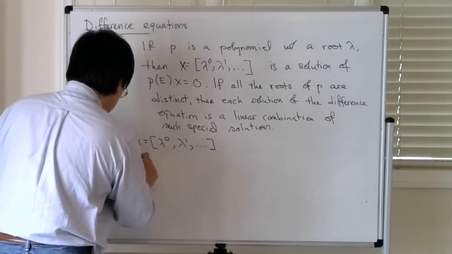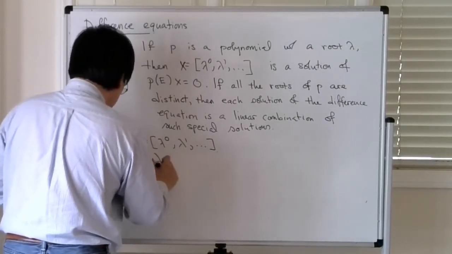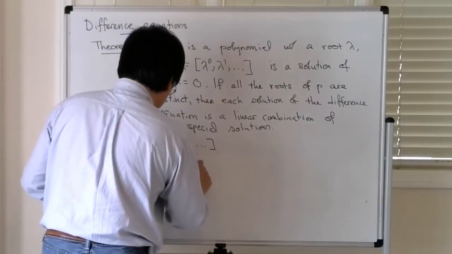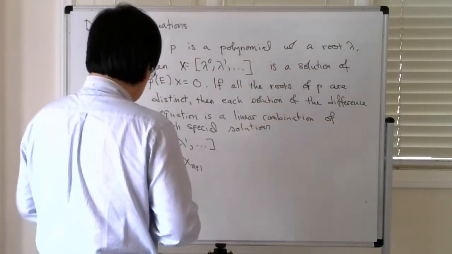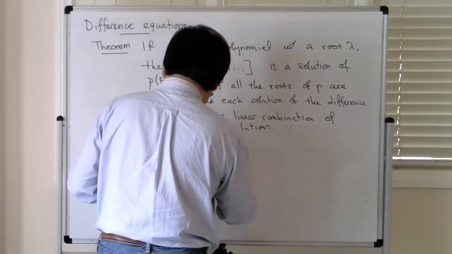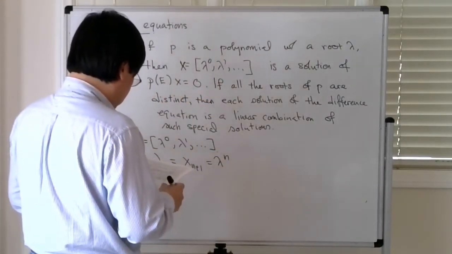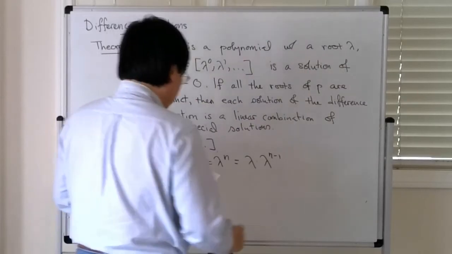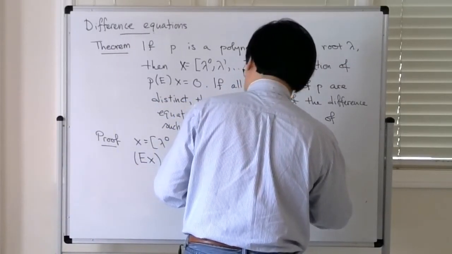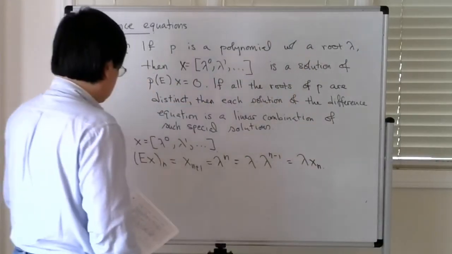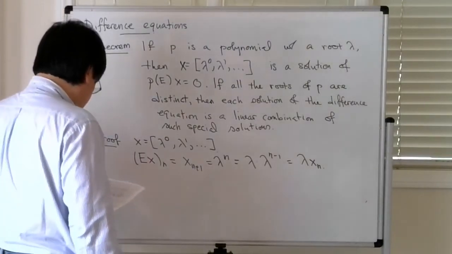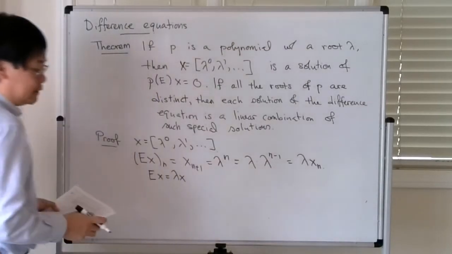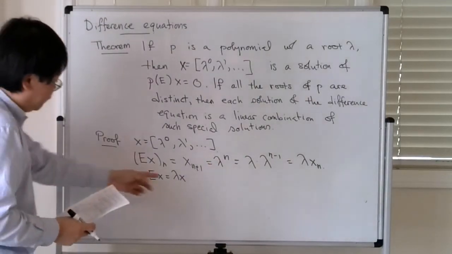If you take the shift operator E on x, the nth component of this is of course x_{n+1}, and in this case that's lambda to the nth power, which is nothing more than lambda times lambda to the n minus first power, which is lambda times x_n. So this is basically telling you that E of x is equal to lambda x. So x is an eigenvector of the shift operator with eigenvalue lambda.